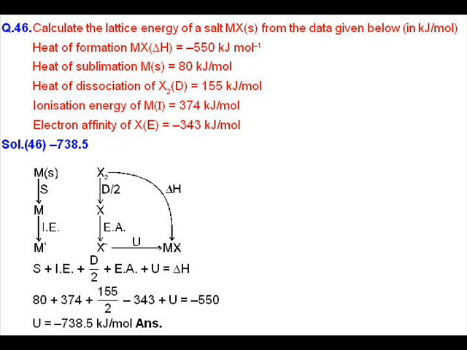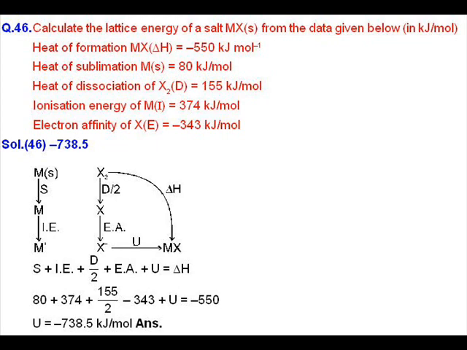Now coming to the gaseous molecule part, first of all we have to provide the heat of dissociation in order to convert the molecule into atoms. If the heat of dissociation is D, then we have to provide D by 2 energy, as we need only one atom of X. Further, when we add one electron, energy will be released, which is known as electron affinity.